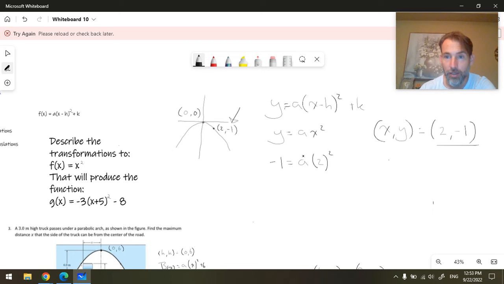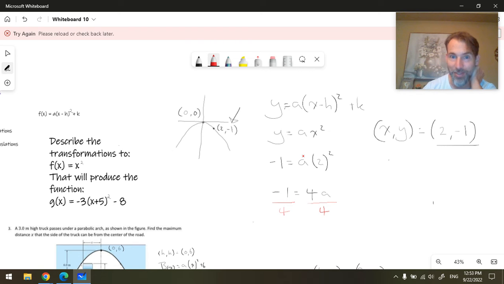All right? So let's do the algebra. So I want to find a, so I want to get that 2 squared away from it. Let's figure out what it is. 2 squared is 4. So I have negative 1 equals 4 multiplied by a. And then I know that if I have 4 times a number equals negative 1, I can find that number by dividing both sides of the equation by the number I'm multiplying by.